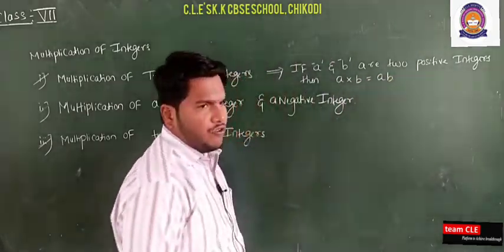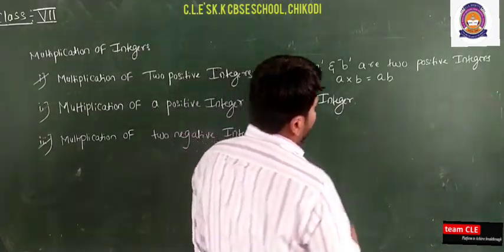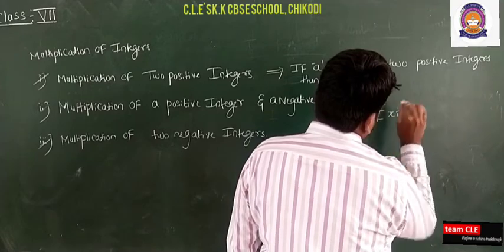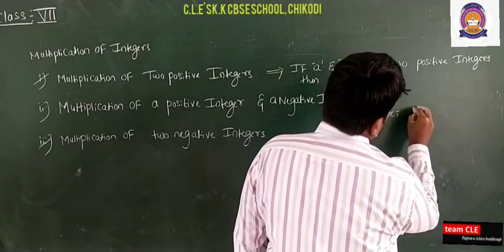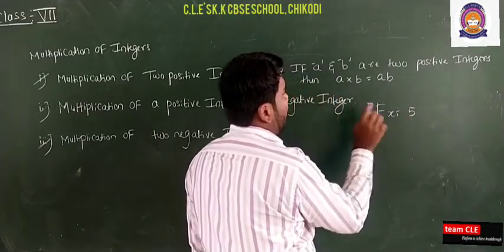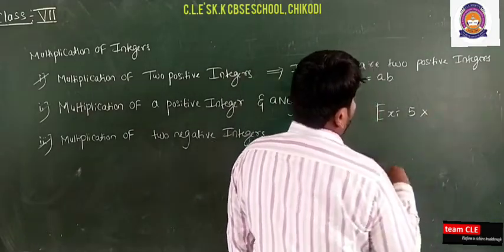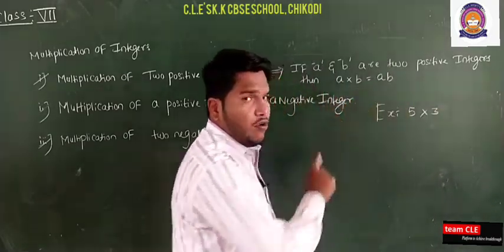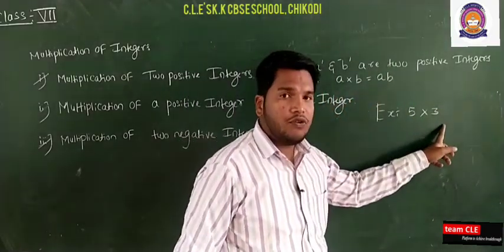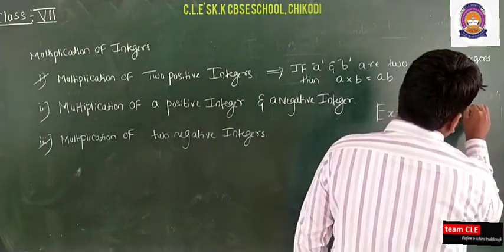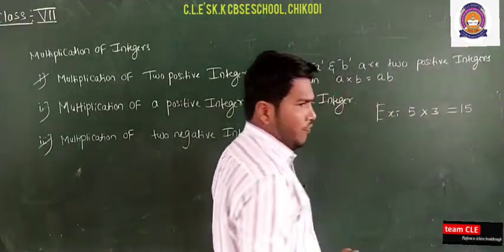Let me choose an example: a is equal to 5 and b is equal to 3. Then 5 into 3 is 15.